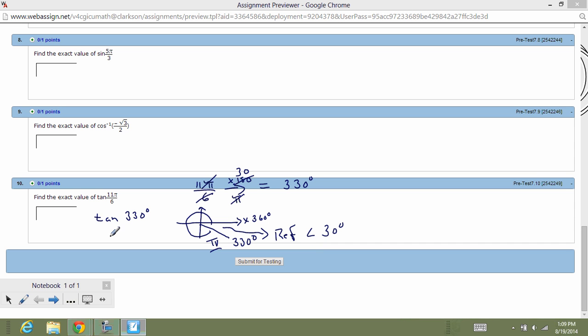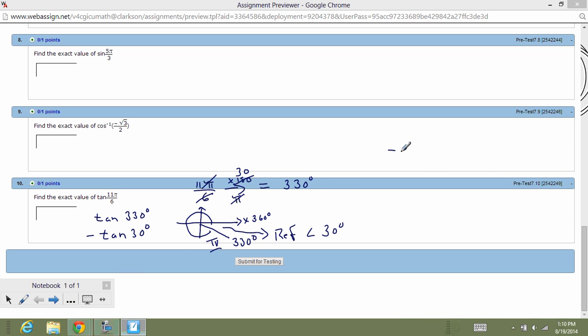So the tangent of 330 degrees is going to be the same as the tangent of 30, except we're in the fourth quadrant. And what do we know about the value of tangent in the fourth quadrant? Well, in the fourth quadrant, tangent is negative.